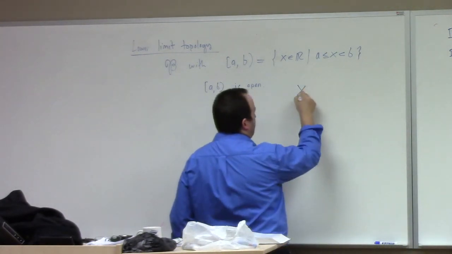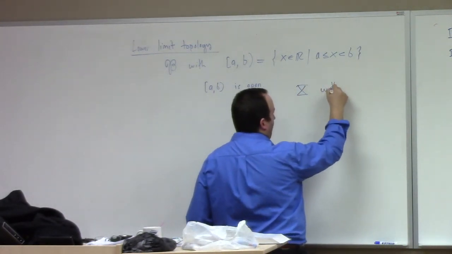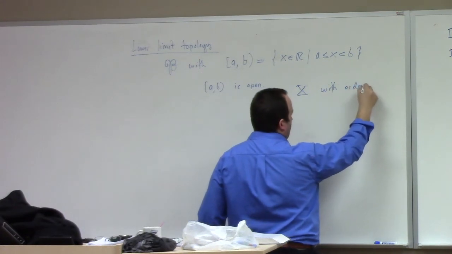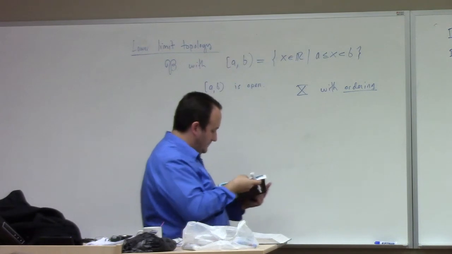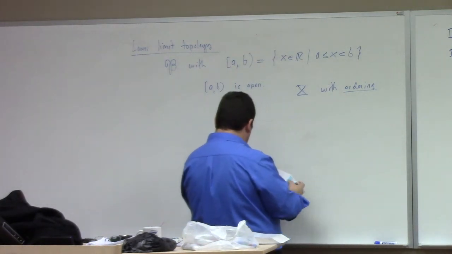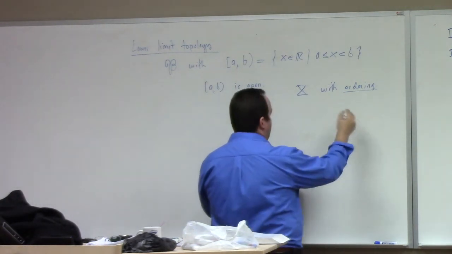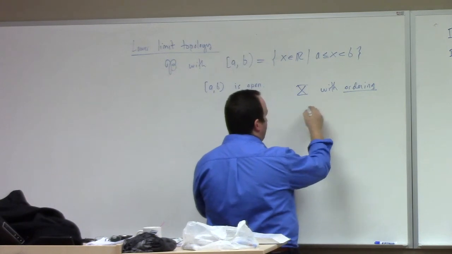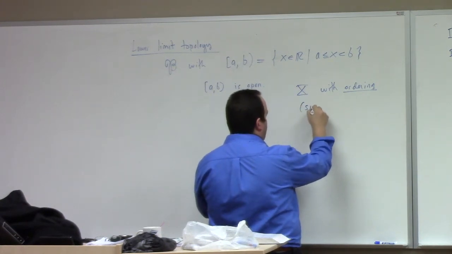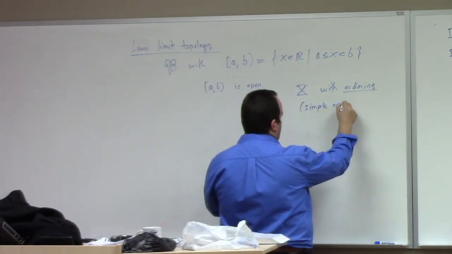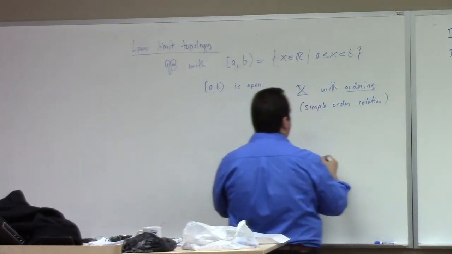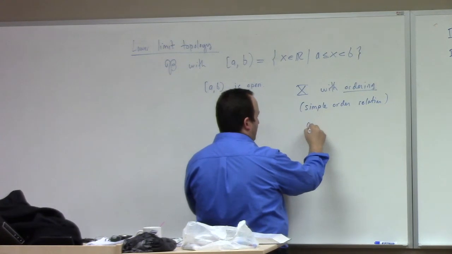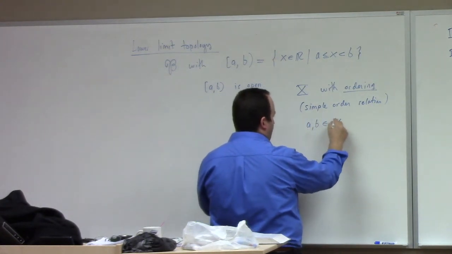If you have a space X with an ordering, so what's an ordering? Suppose it's a simple order relation, what does that mean? If I pick, say, A and B from X, what can you tell me about those?